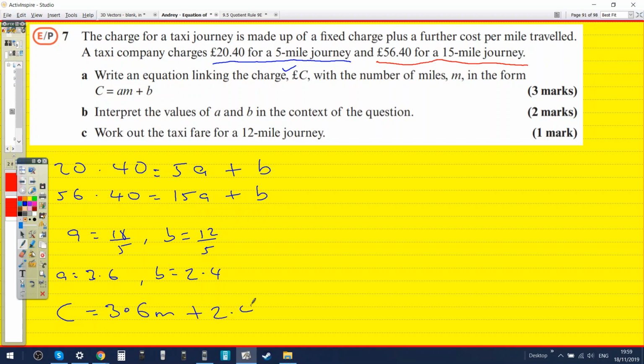Yeah, and I just wrote them as decimals just in case that's easier for part B or C. I'm not sure, but we've got them both ways anyway.